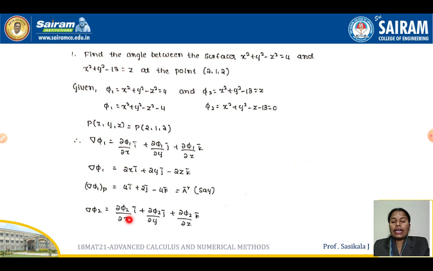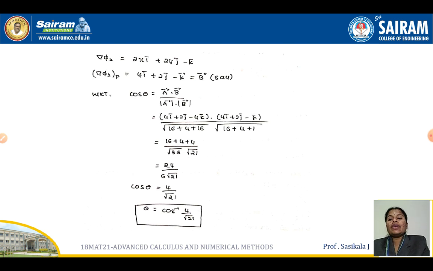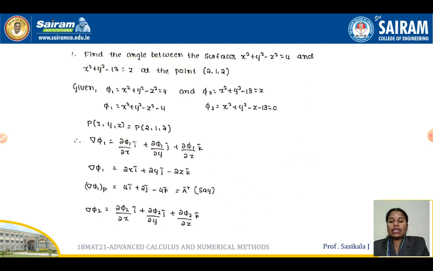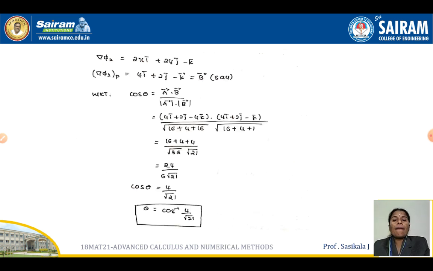Next, del phi 2. In the phi 2 function, del phi 2 is dou phi 2 by dou x i vector plus dou phi 2 by dou y j vector plus dou phi 2 by dou z k vector. Differentiating with respect to x gives 2x, with respect to y gives 2y, and with respect to z gives minus 1.